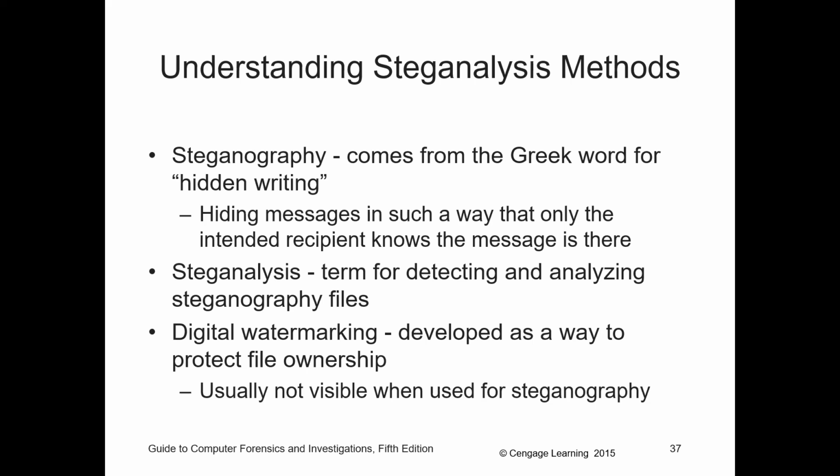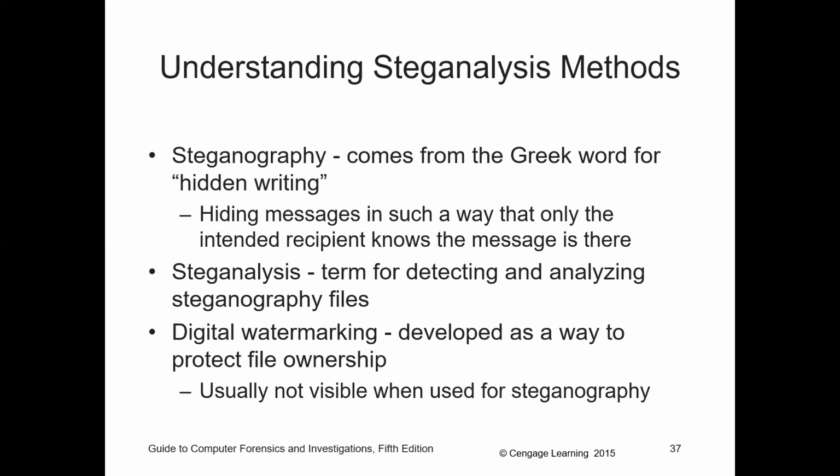To hide messages so that when you send them to someone, the person receives it, decrypts it, reads it, and is able to take action. Steganalysis is the process or term used for detecting and analyzing the steganography files, those which have been hidden.